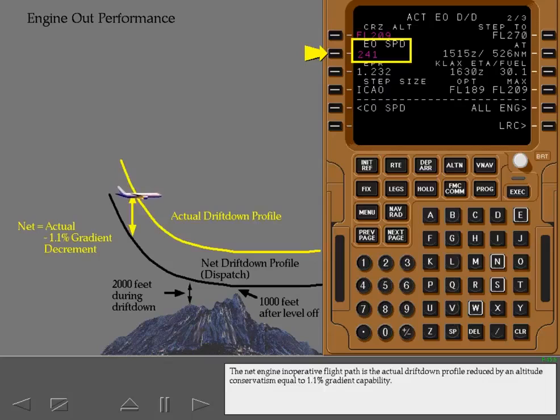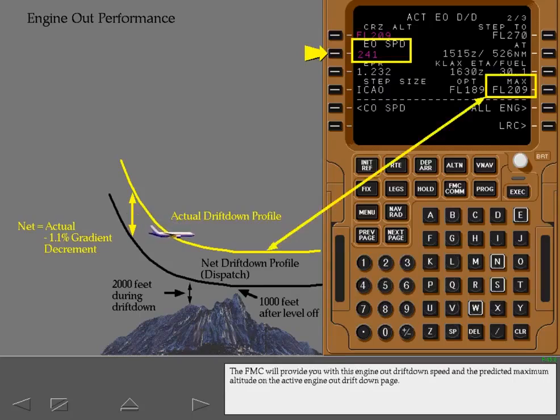The net engine inoperative flight path is the actual drift-down profile reduced by an altitude conservatism equal to 1.1% gradient capability. The FMC will provide you with this engine-out drift-down speed and the predicted maximum altitude on the active engine-out drift-down page.